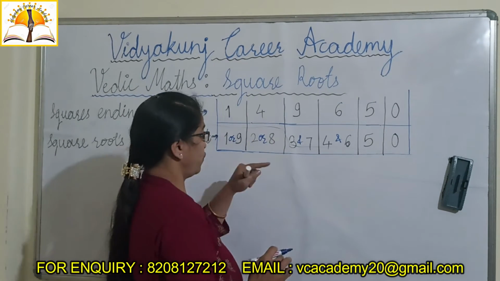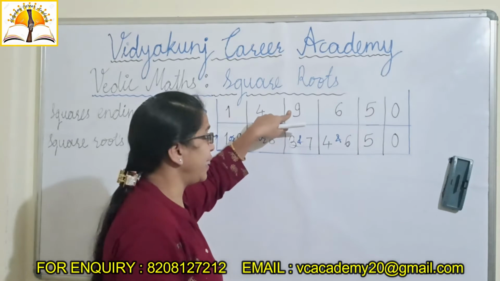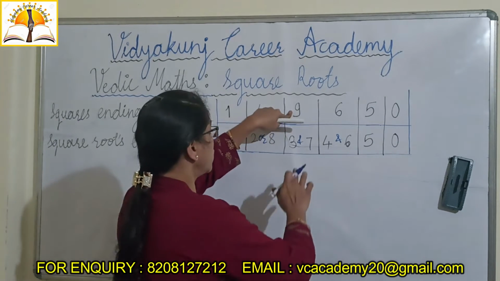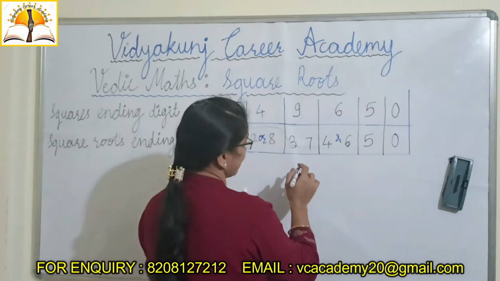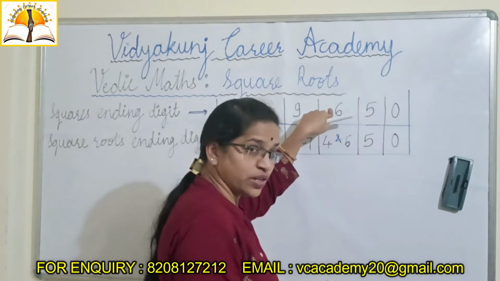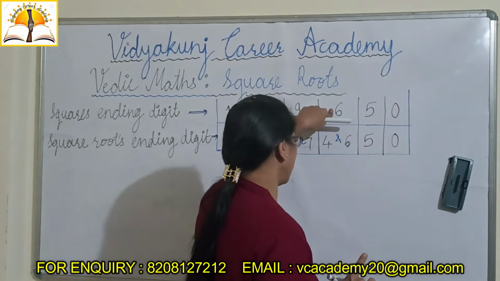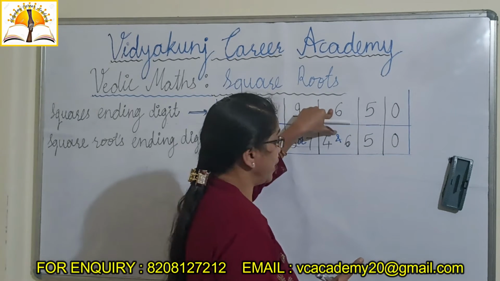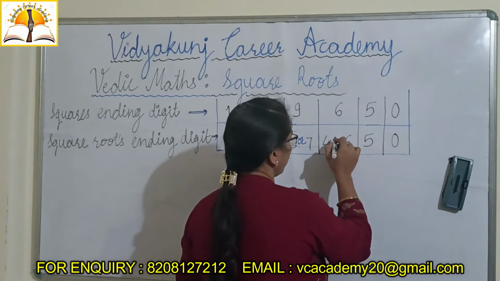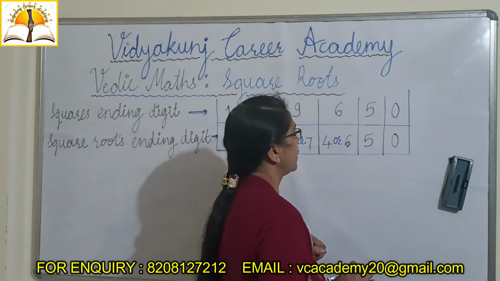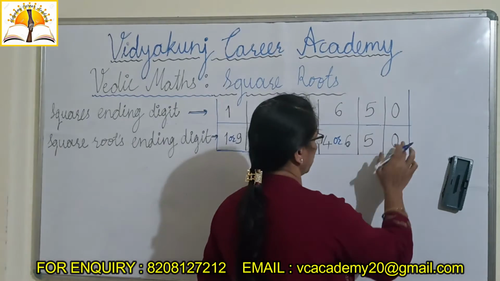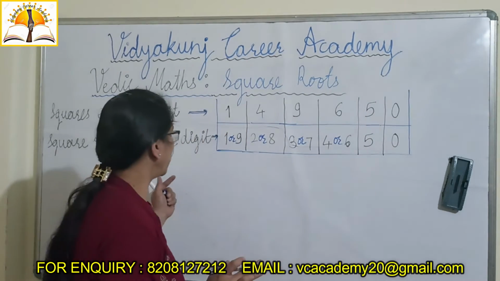If it is 9, the square root's ending digit will be 3 or 7. If it is 6, it will be 4 or 6. Now if it is 5, the root will end in 5, and for 0, it will be 0. I hope you understood what I have written.